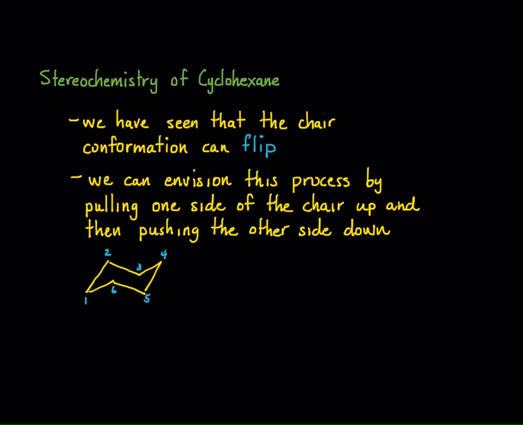Now, what am I going to do? Well, I'm going to take carbon number 1 and I'm going to start to push it up, right? Because even though cyclohexane doesn't have free rotation, it has flexibility. So I can start to push carbon number 1 up.